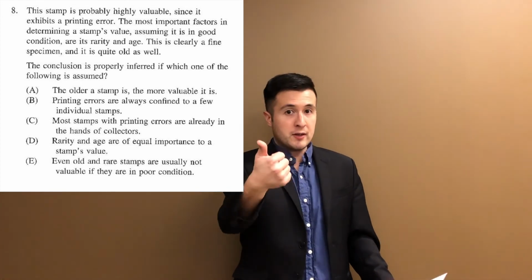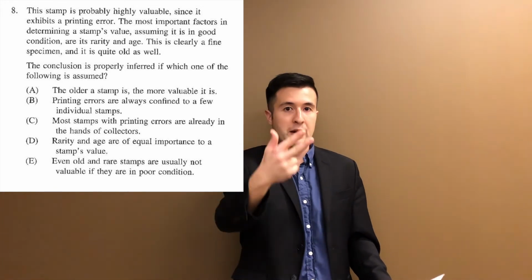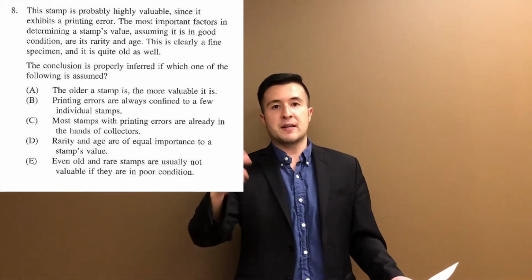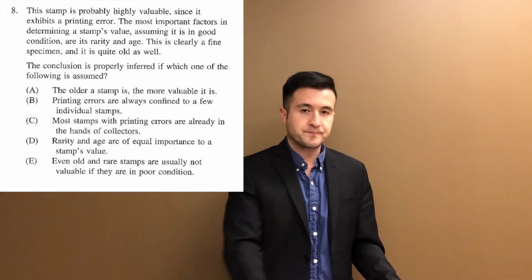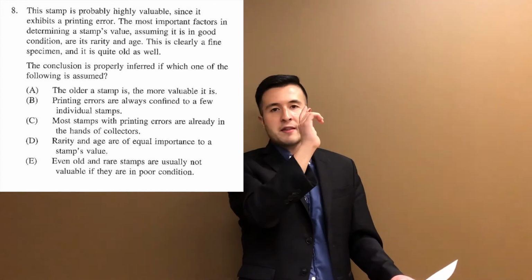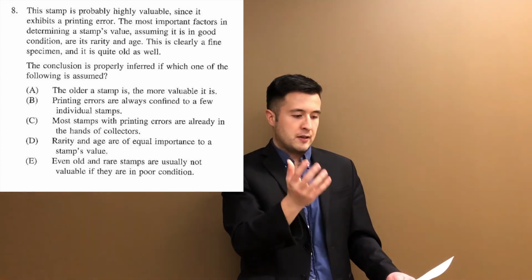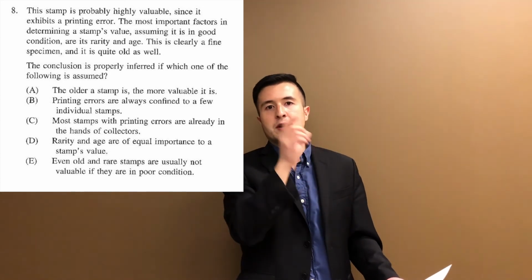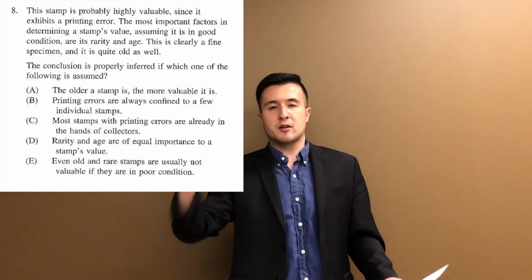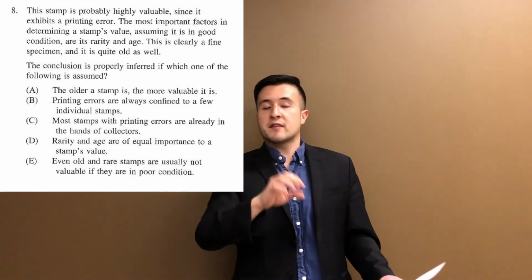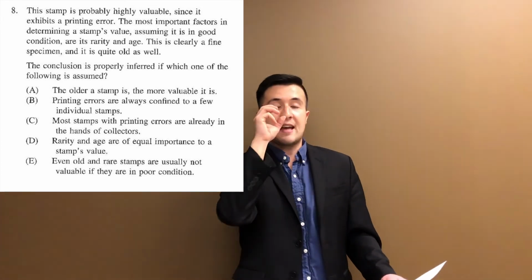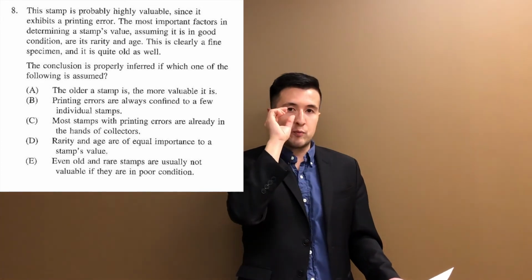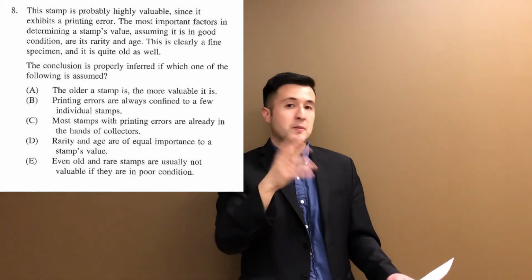If the stamp's in good condition, it's old, and it's rare, we know that the conclusion's right because it's probably highly valuable. So the only thing we've got here to suggest rarity is the printing error. But the printing error in and of itself is not going to prove rarity such that the conclusion has to logically follow. So the sufficient assumption should explicitly state that the printing error causes the stamp to be rare in essence.